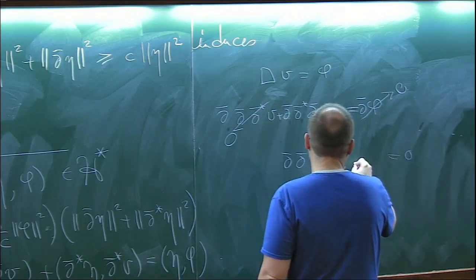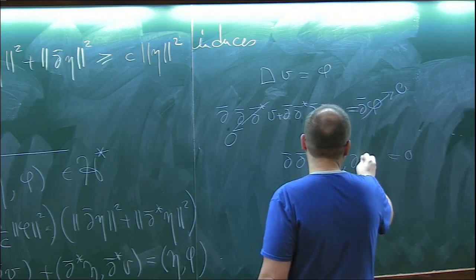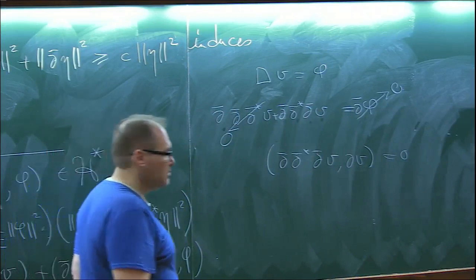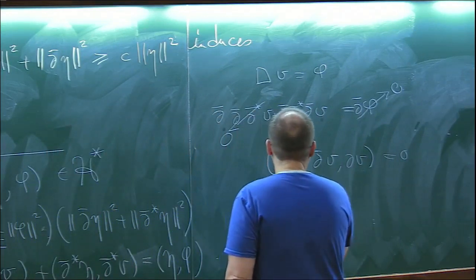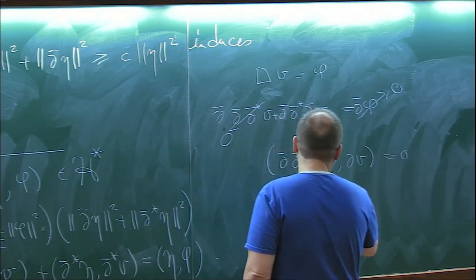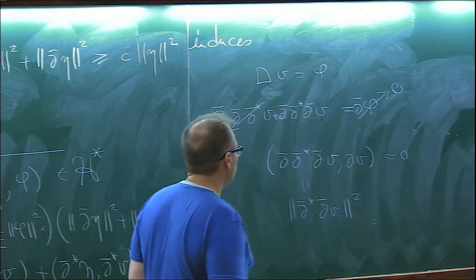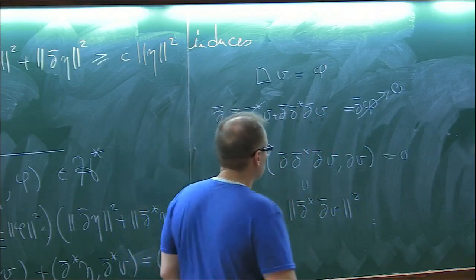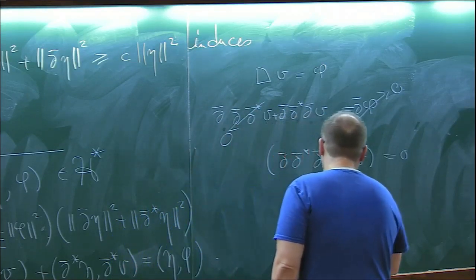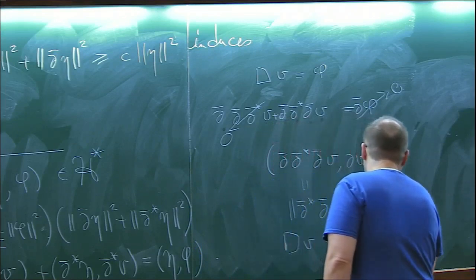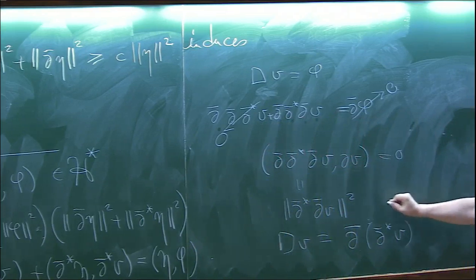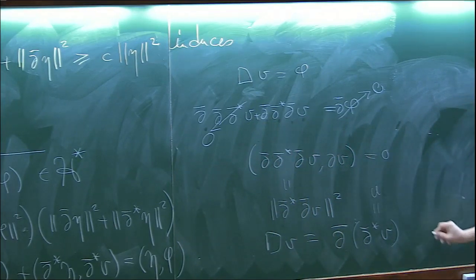So you can pair that, for instance, with d bar V. Take the L2 inner product, and that's still 0. But this is just equal to the norm of d bar star d bar V squared. Right? And so that's 0. So that means that box of V is equal to d bar star d bar star V only. So if you take this to be U, then this is a solution of this equation.